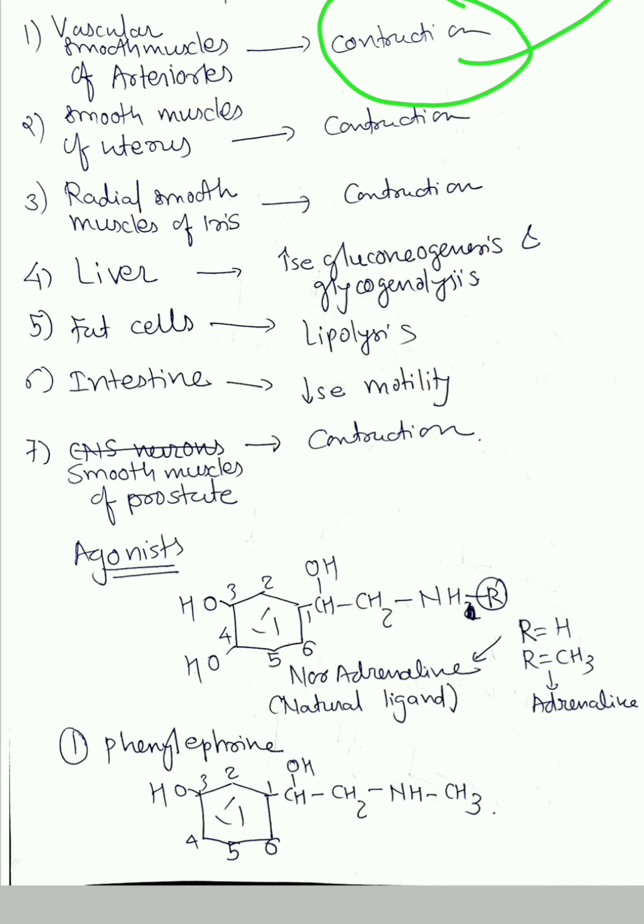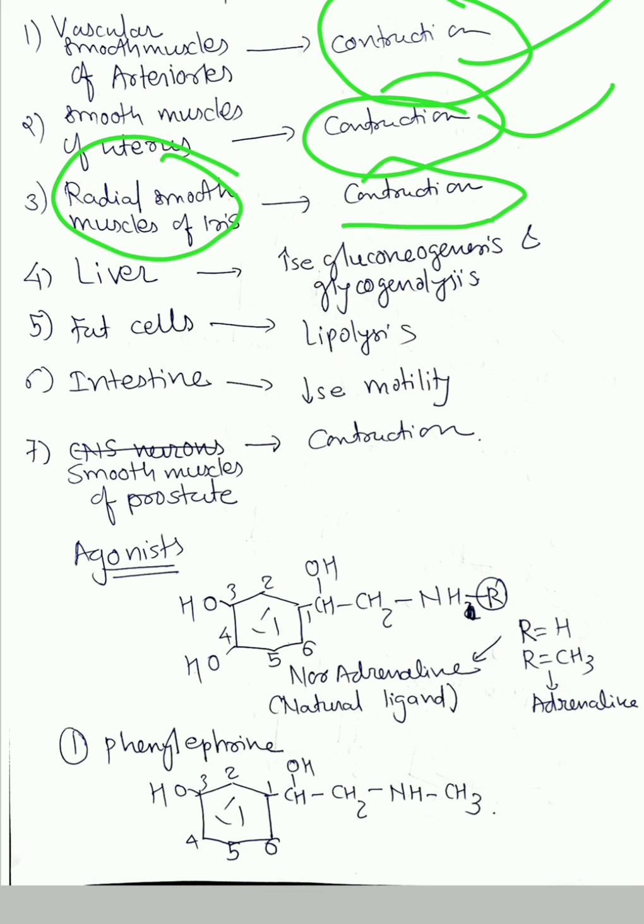Okay, next location is smooth muscles of uterus. Again, contraction. As I said in previous mechanism, alpha 1 receptor basically causes contraction. Next, radial smooth muscle of iris, that is eyes, part of eye. There also it causes contraction. Liver, it causes increased gluconeogenesis and glycogenolysis. Now what do you mean by gluconeogenesis?